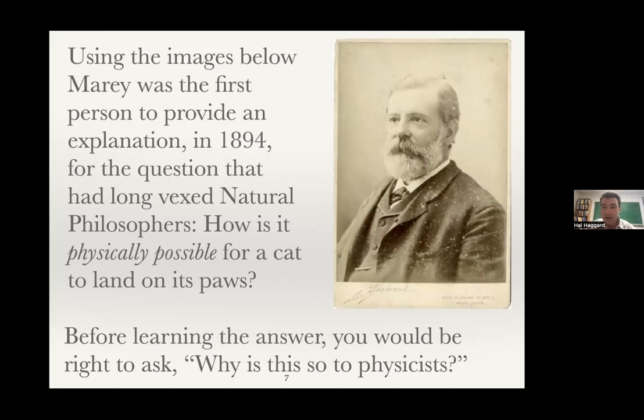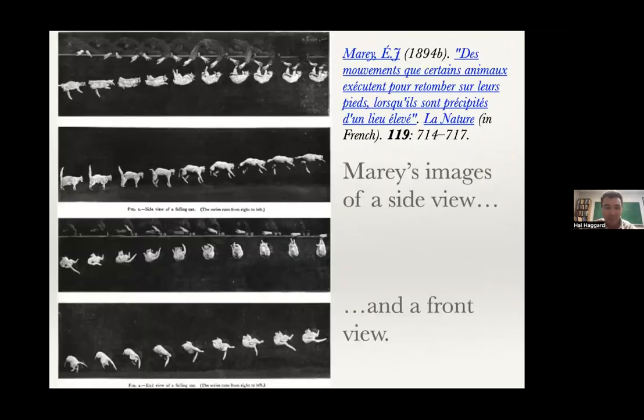And in fact, he took photographs of cats falling and was the first one to give a physical explanation of this. The paper was published in Nature in 1894, and here are some of the images from that paper. So you can see Marey holding the cat on the right part of the image, and then it slowly falls and flips over, and you see the cat land on its feet.